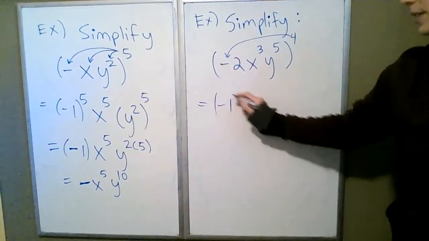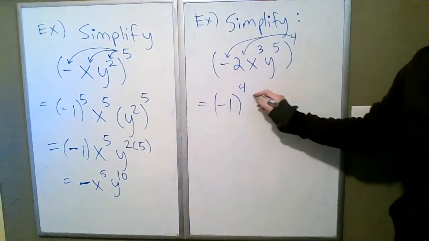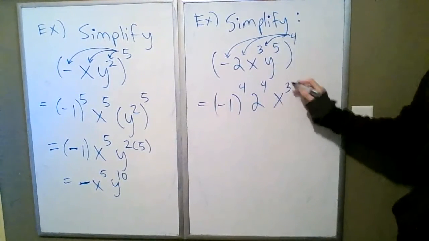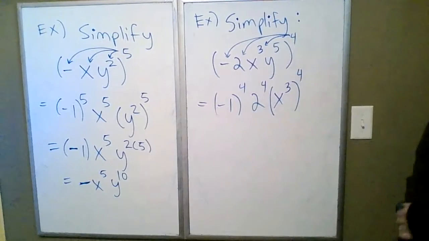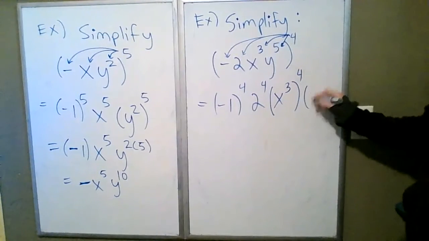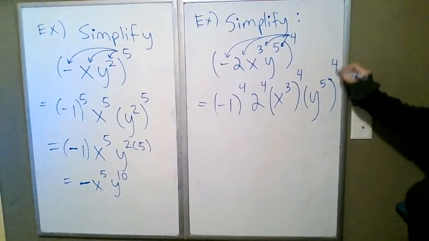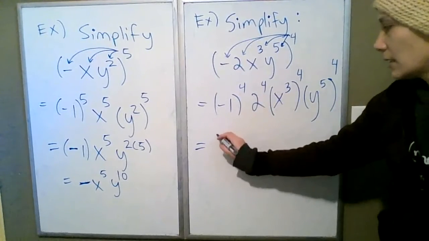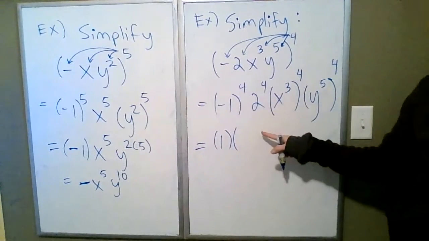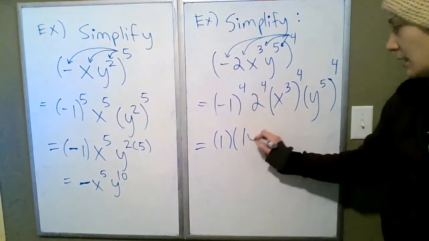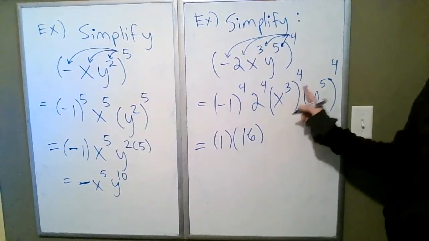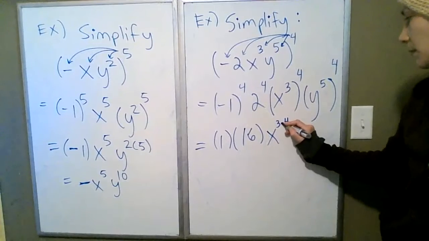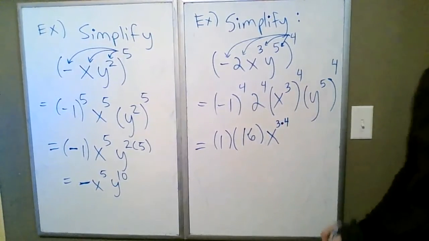-1 to the 4th, 2 to the 4th, x cubed to the 4th, and y to the 5th to the 4th. -1 has an even power, so it's +1. 2 to the 4th is 16. x to a power of 3 times 4. y with a power of 5 times 4.